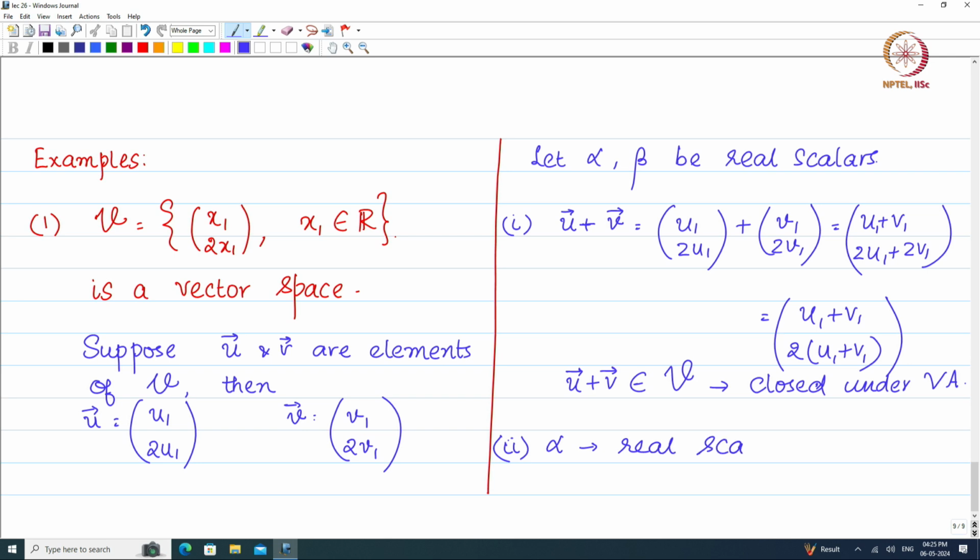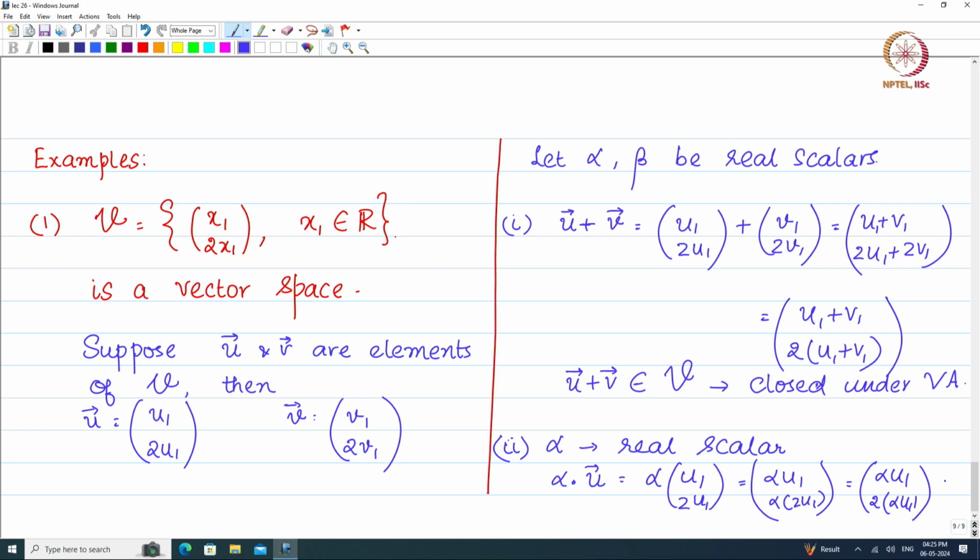Then let us take the scalar alpha, a real scalar. We have already discussed that. What we are going to do is take alpha times the vector u, which is nothing but alpha into (u1, 2u1), this is nothing but (alpha u1, alpha into 2u1). Since we know that if you multiply two real numbers, you can change the order and yet the result is the same, you are going to have alpha u1 and 2 times alpha u1.